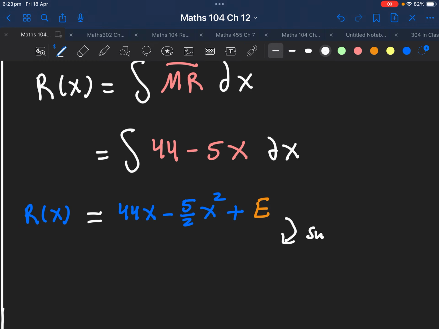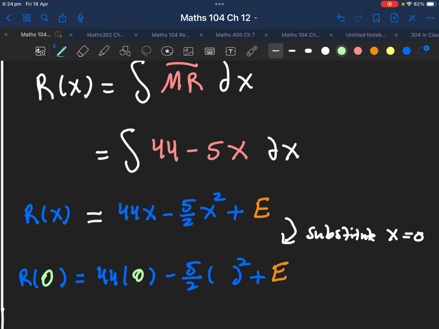Because if you don't produce anything, you shouldn't expect any revenue. So here is 0, here is 0, and this will be 0. So E is equal to 0.